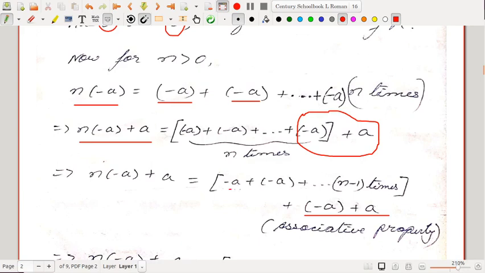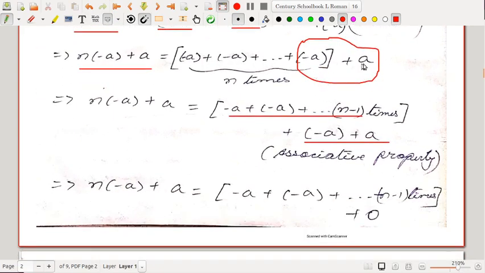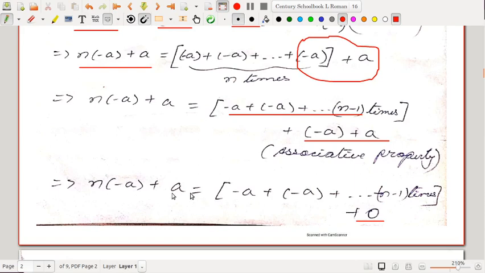So in the first bracket we will be left with n minus 1 times of minus a, and the one minus a will come with this a. Minus a plus a will become 0. So we see that n into minus a plus a is minus a added n minus 1 times.